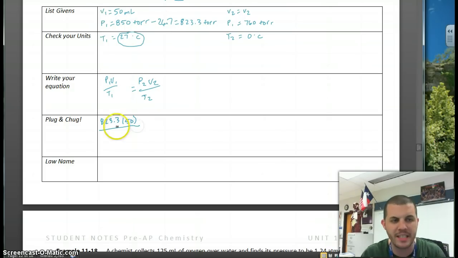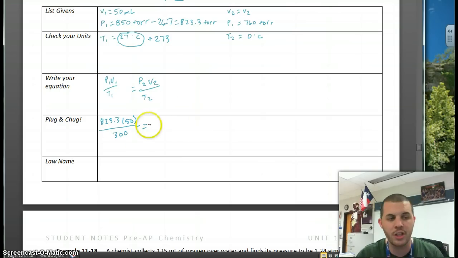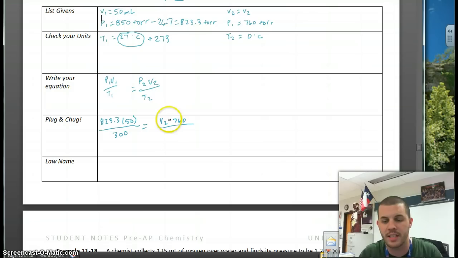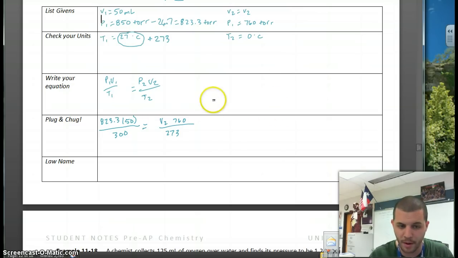My temperature is 27 plus 273, because it's Kelvin, so that's going to be 300 on the nose. Equals, I changed it to STP, so I want to find the new V2, so that's just V2. My pressure is 760, and my temperature is 0 degrees Celsius, which is just 273 Kelvin.